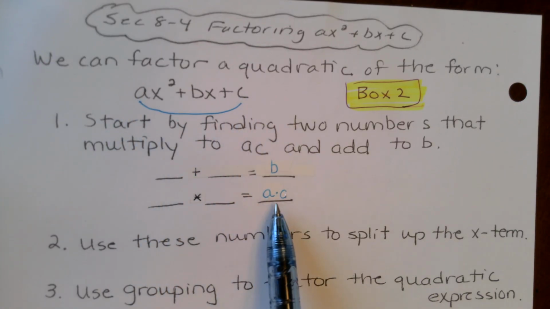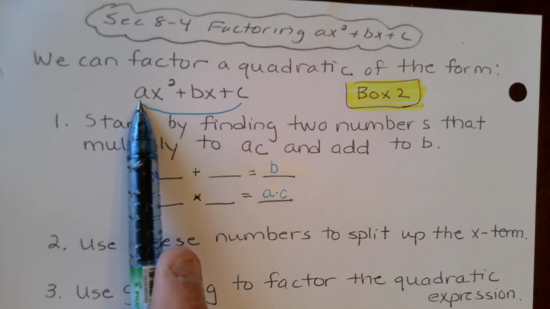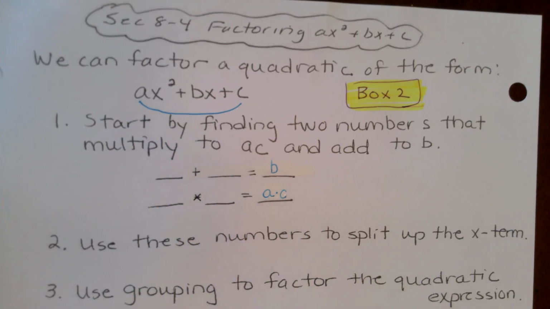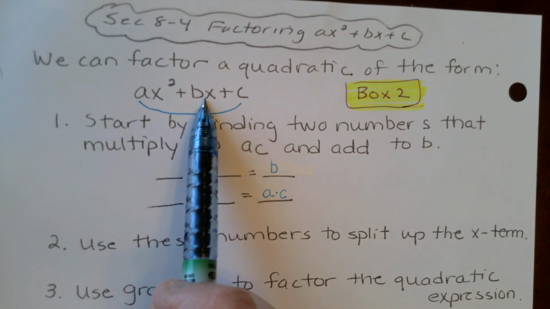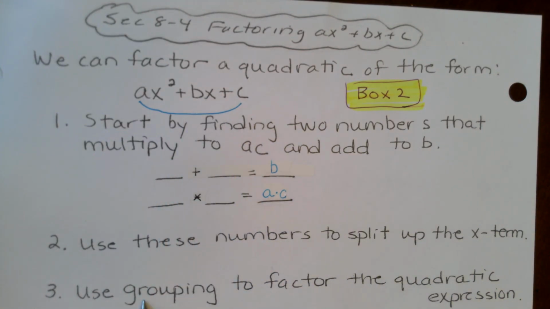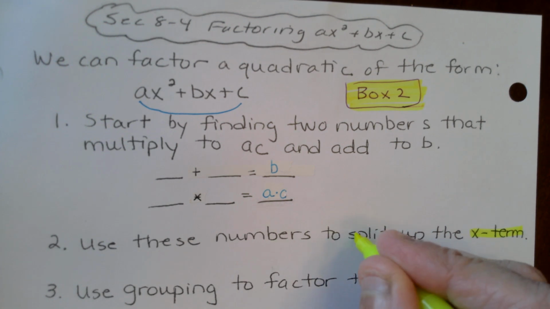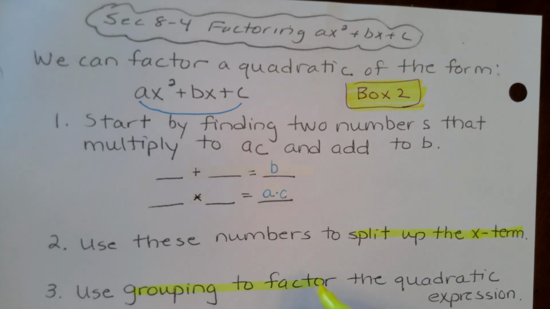So 1 times C would just be C. But now we're talking about situations where this isn't a 1, so that's the way it's going to go. Then we're going to use these values to split this term up into 2, and we're going to group them. So we're going to split up the x term, and then we're going to group them to factor. And you learned grouping as well earlier.